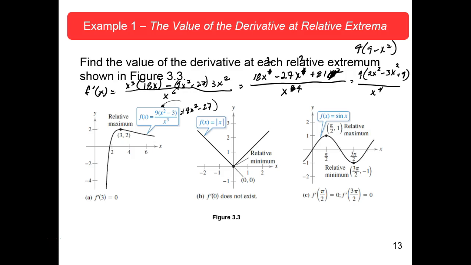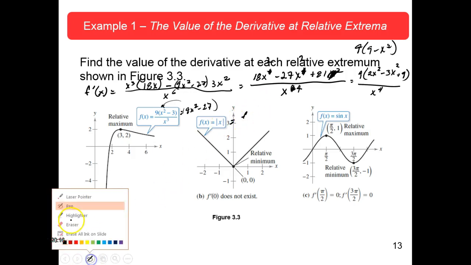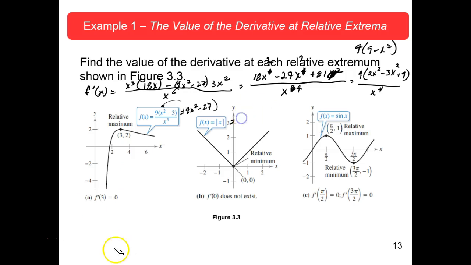Well, this is your absolute value function. I don't know if you remember how we define that. It's defined as a piecewise defined function. It's minus x anytime x is less than 0, and it's x anytime x is greater than or equal to 0.